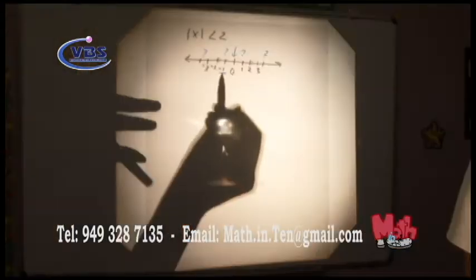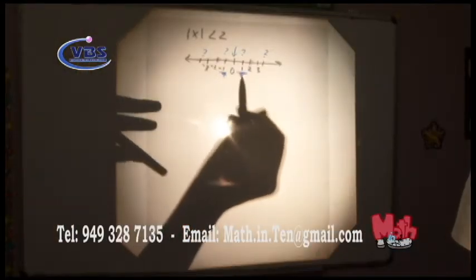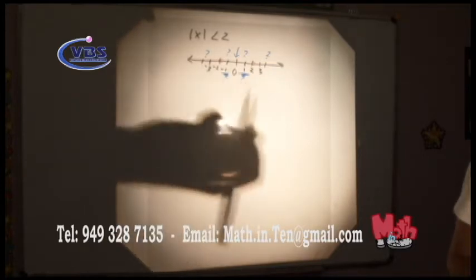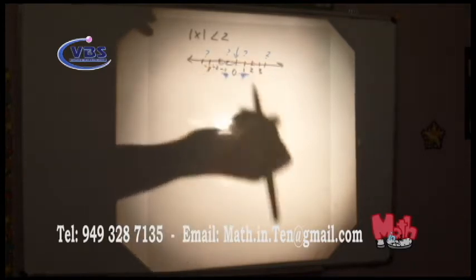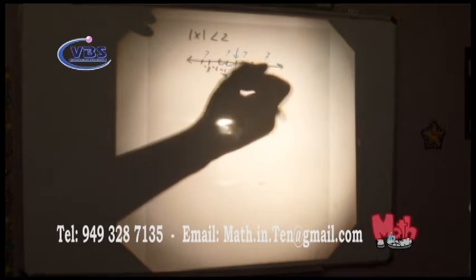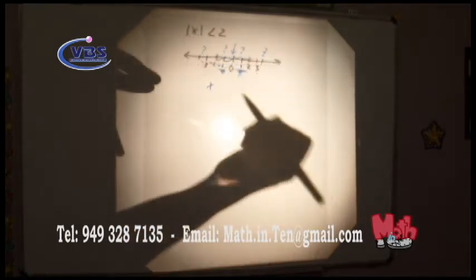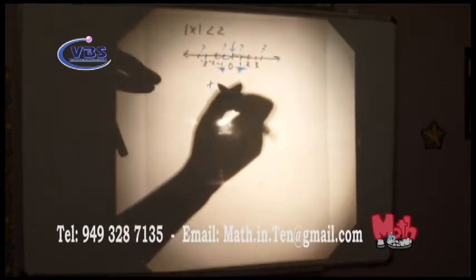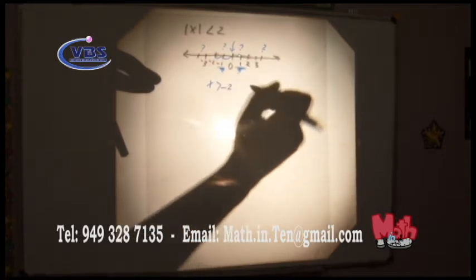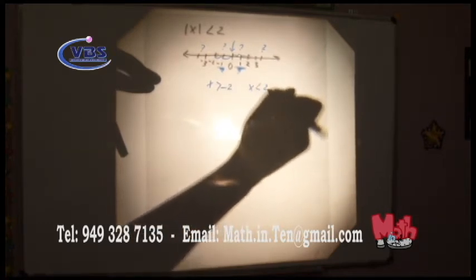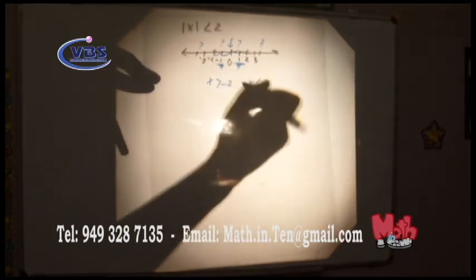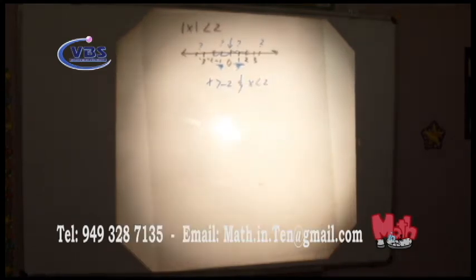Yeah? So now we have absolute value of x is less than 2. So the numbers within 2 units away from 0: x has to be greater than negative 2 for this part, isn't it? And x is less than 2 for that part. Yeah, and because they are together, we have a conjunction word which is and.